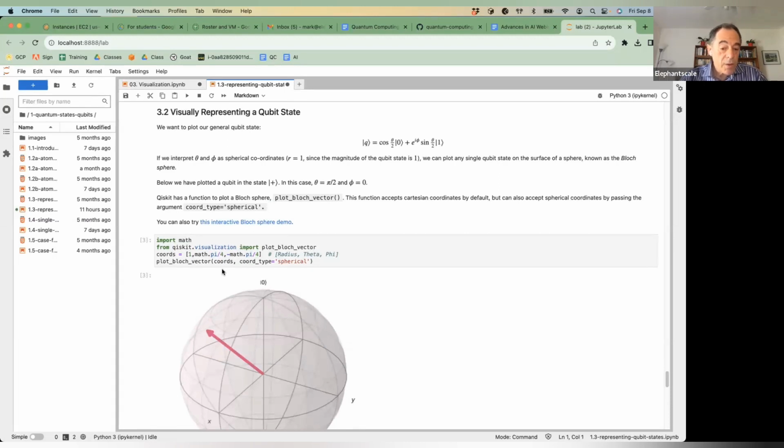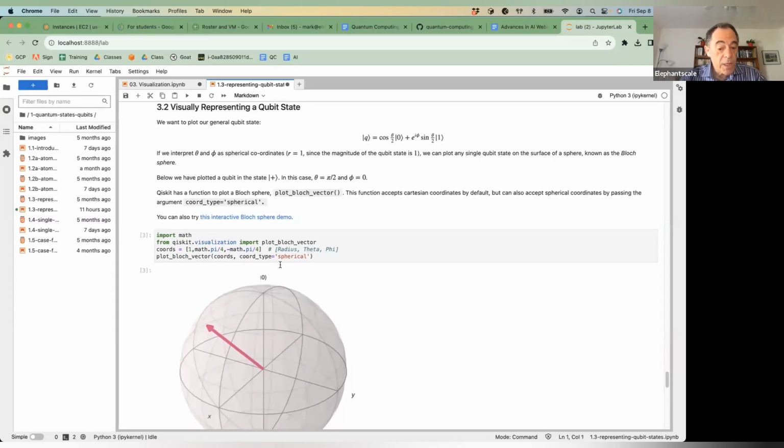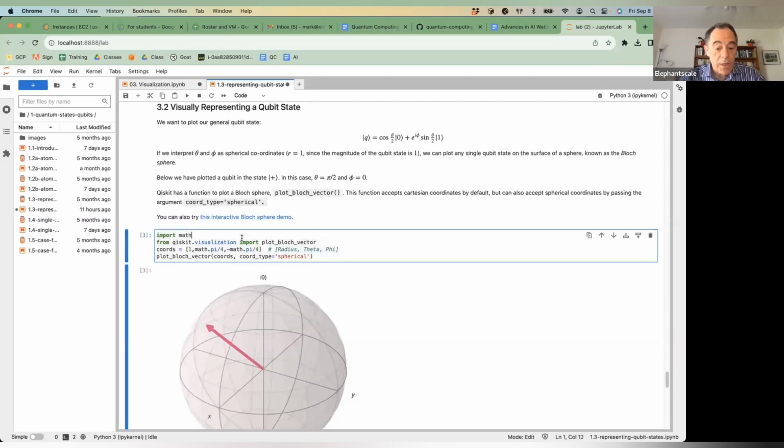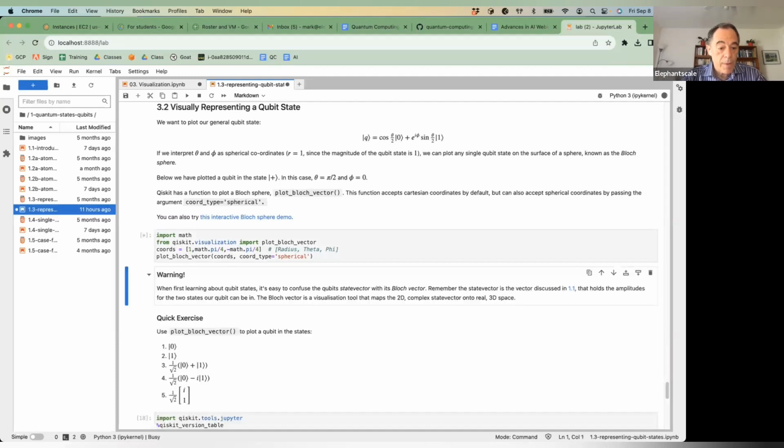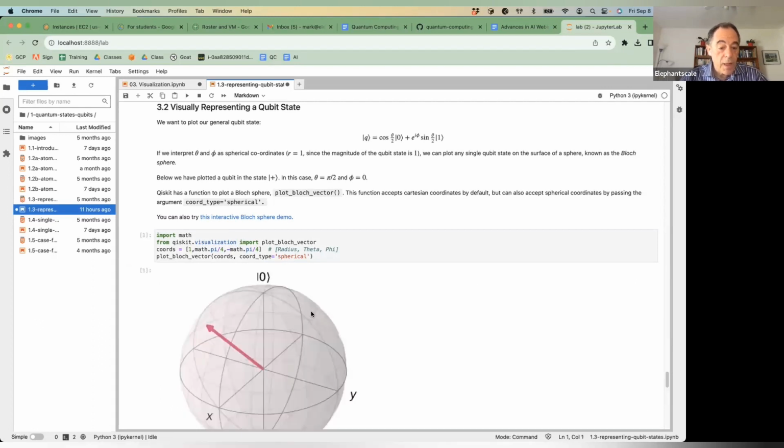That's all we need. We need the math. Since we install Qiskit, then we import the Bloch vector, and we don't need anything else. So let us run that.